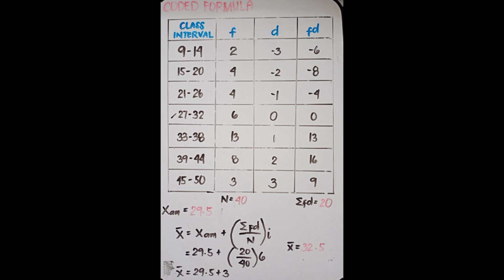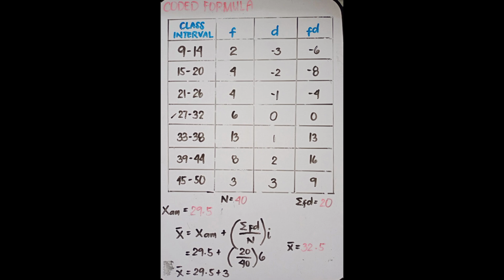Next, get the sum of the values obtained in step 3 to obtain the summation of fd. Negative 6 plus negative 8 plus negative 4 plus 0 plus 13 plus 16 plus 9 equals 20. Then use the formula to compute the mean.